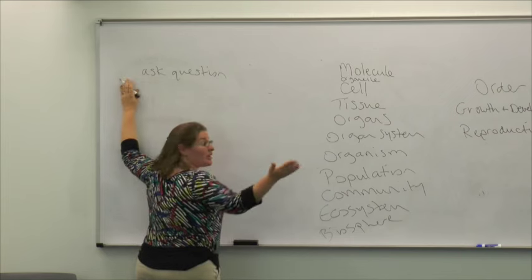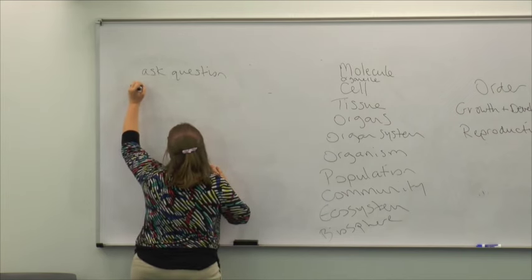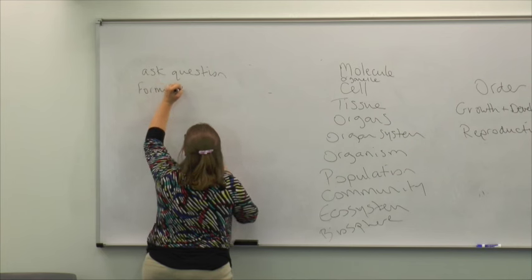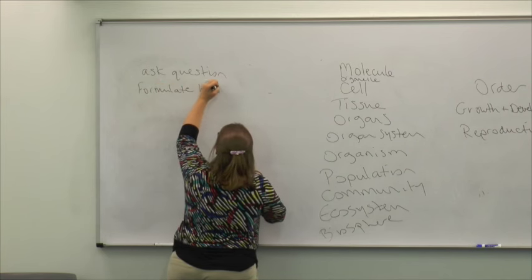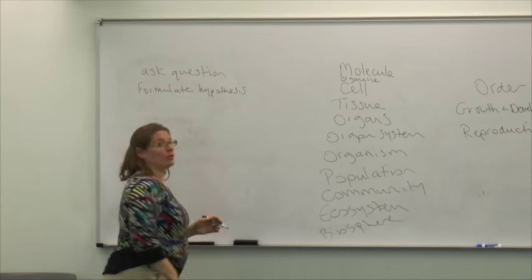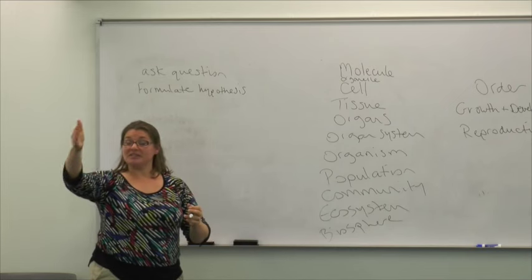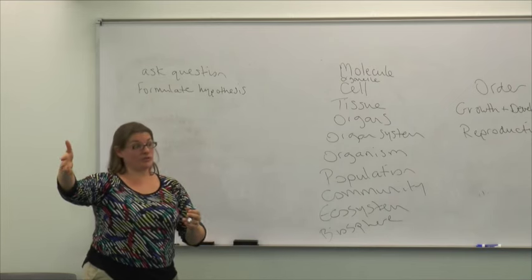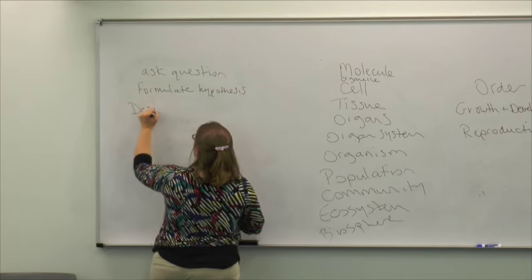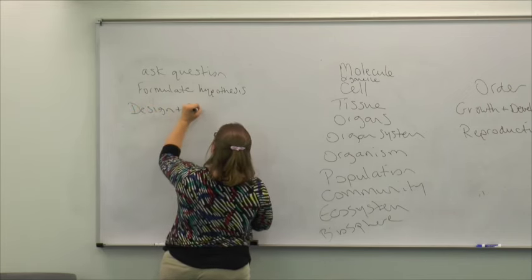Very good. You formulate your hypothesis, right? Your educated guess. Once you have formulated a hypothesis, what are you going to do? You're going to test the hypothesis using what? Your experiment. So you're going to design and perform experiments.